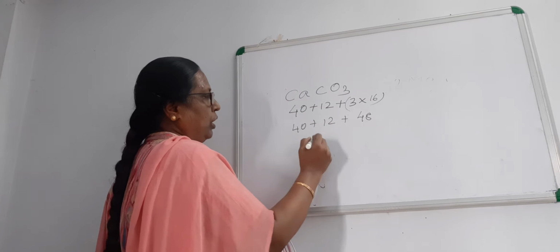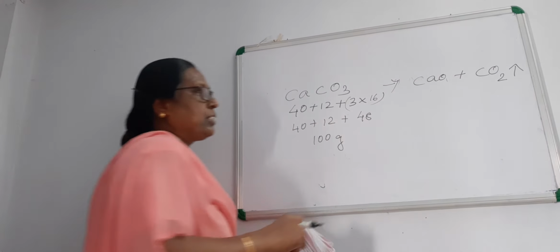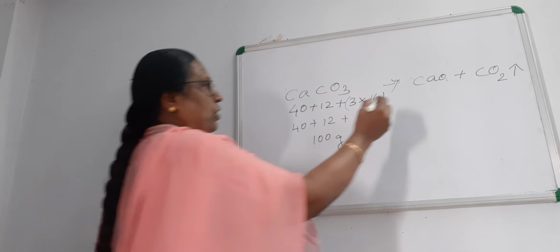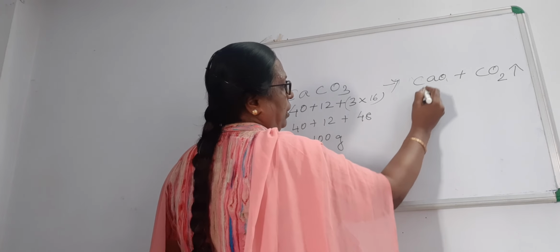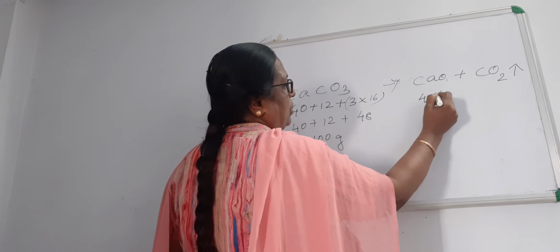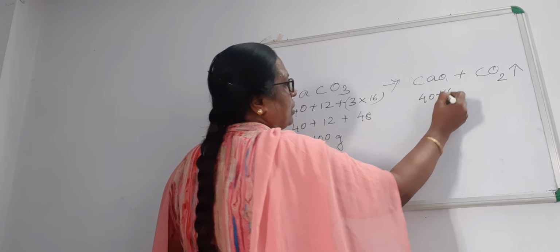So this side you have 100 gram, and you have to find out how much calcium oxide you will get. After the reaction, they will give you the reaction also: calcium oxide plus carbon dioxide will form. It will release the gas carbon dioxide. So you will calculate calcium oxide. Calcium has 40 plus 1 oxygen, that is 16.